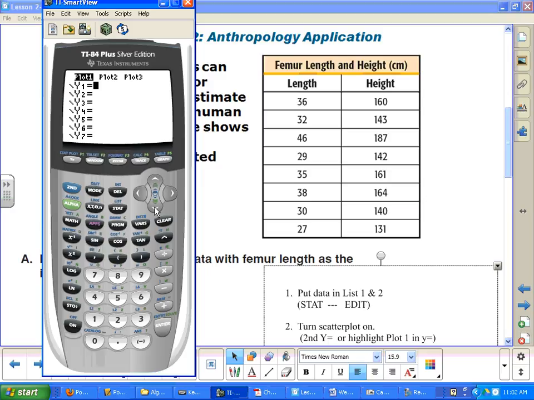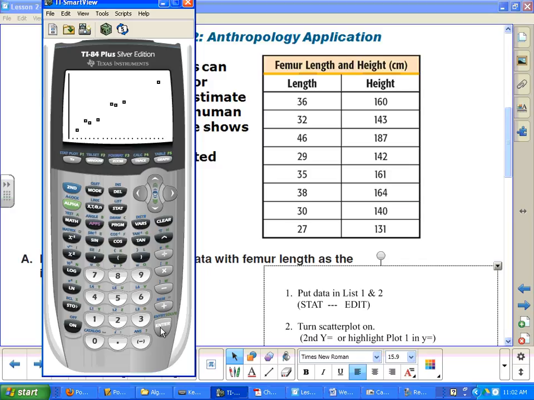And then if we press Zoom and number 9, it says ZoomStat here because it's zoom for statistics. And then you hit enter. It makes a window that fits that data perfectly.